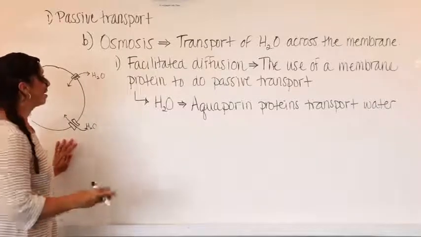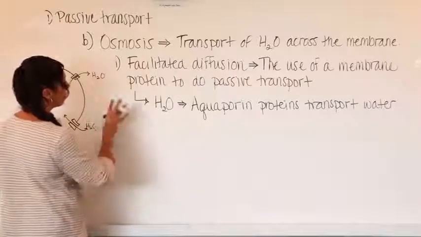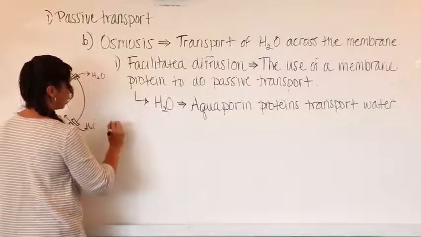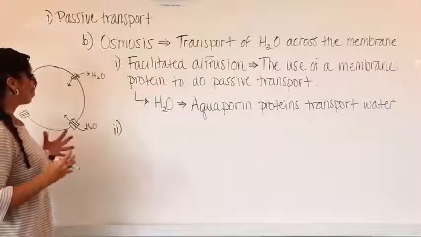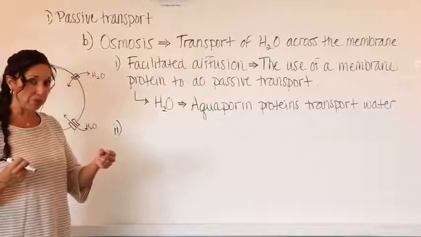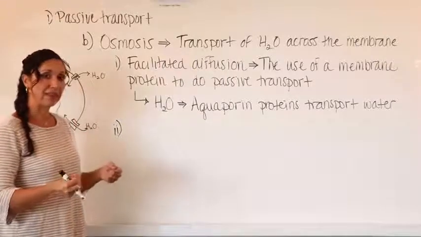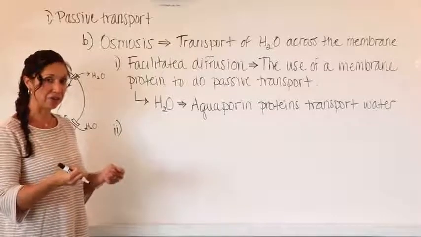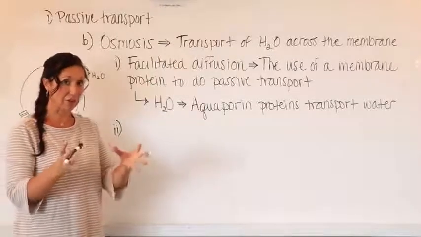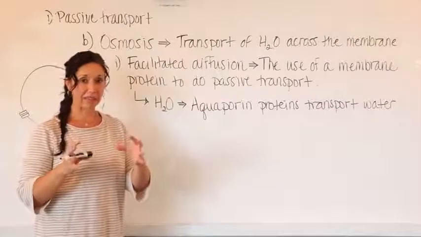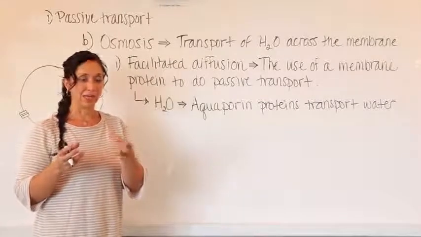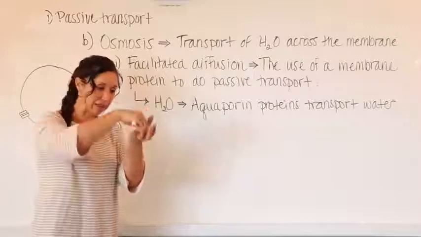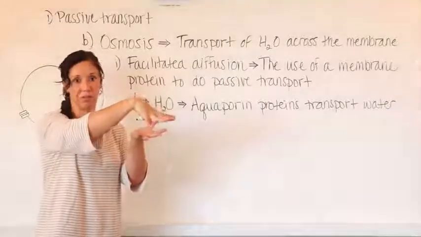Let's talk about that. So osmosis uses facilitated diffusion. Here's how water knows how to move. Water will essentially move to the region that has a high solute concentration. A solute is a substance that is trying to be dissolved in water, right? So if you have a whole lot of it, water is going to come and try to dissolve you, essentially.